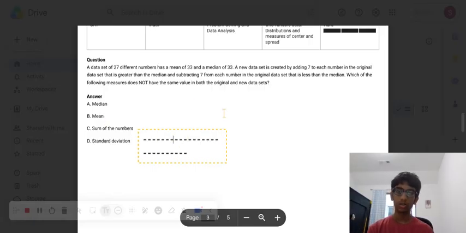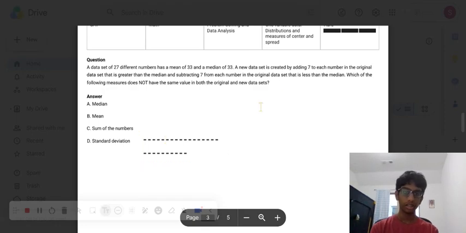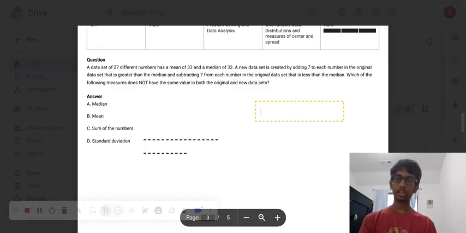If you have 27 numbers, say the middle number is x. What is our median? It's our middle number.